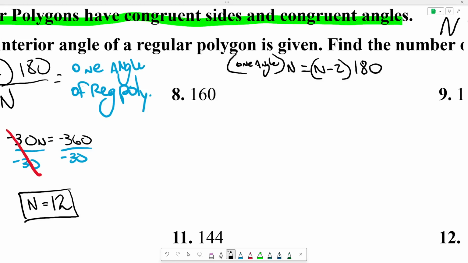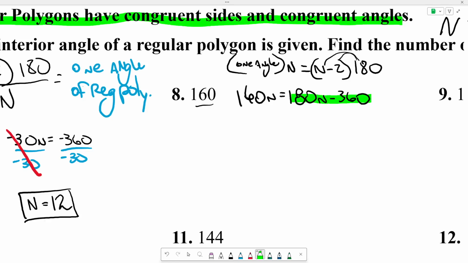Well, I know my one angle in this case is 160, so I'm going to do 160 n is equal to, and I can go ahead and distribute this in here just like we did the last time. That's 180 n minus 360. This portion right here is going to be the same every single time.